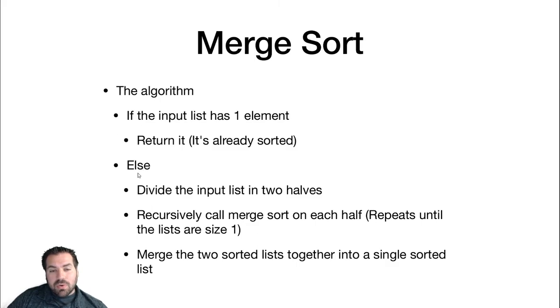If there's more than one element, we're going to divide the input list into two halves, recursively call merge sort on each half, and then merge the two sorted lists together into a single sorted list. So if I have a list of elements that's not sorted, I'm just going to chop it in half and call this same algorithm on each half.